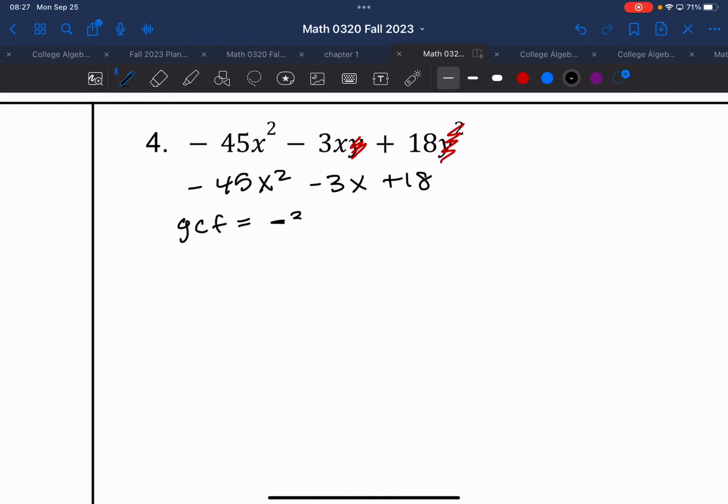So we're going to take out a negative 3 from this problem. So negative 45 divided by negative 3 is 15. So we have 15x squared plus x minus 6. So that means as of now, we are just looking at this part when we are writing out our factors of A and C.